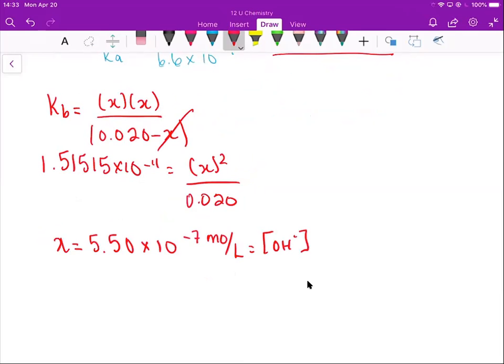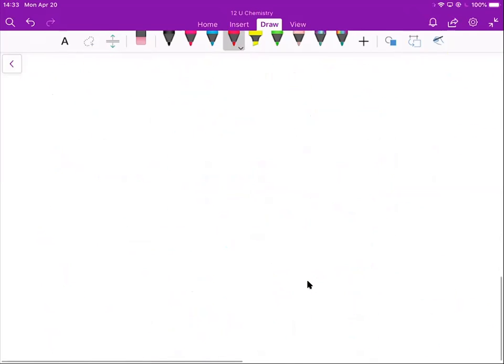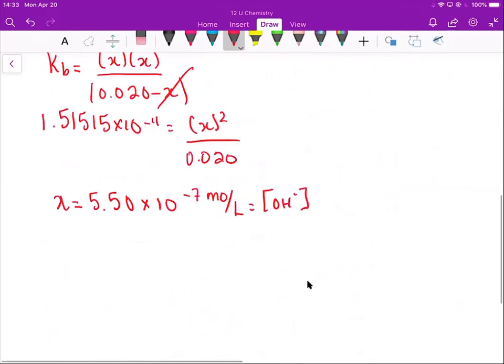Let's go back to the page. Where am I? 428. Okay, and we should have two significant digits.